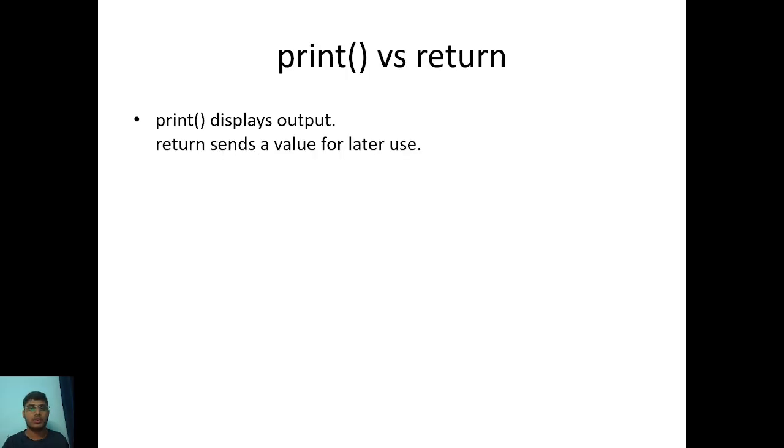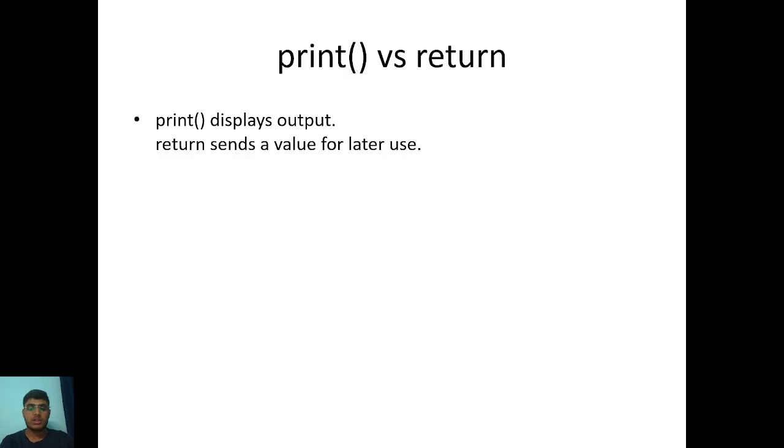So now, what is the difference between print and return? The print function displays the output on the screen, whereas the return statement sends a value back to the caller.